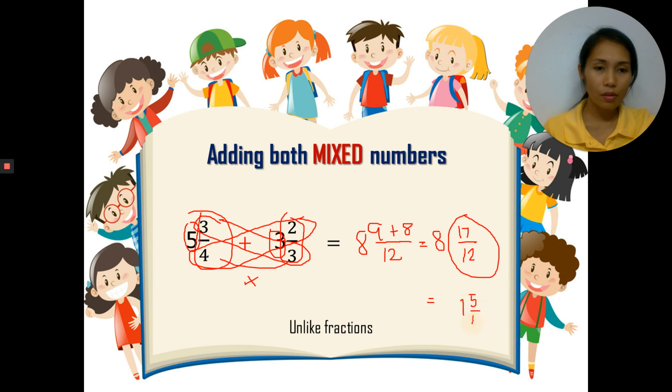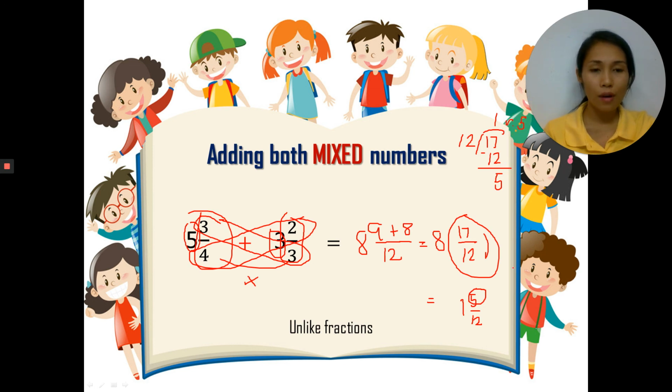For those who are confused, where did I get 5? That is from the remainder. 17 divided by 12, there's only one 12 in 17. So 1 times 12 is 12. 17 minus 12 is 5. So our answer is 1 remainder 5. That's where we get 5.